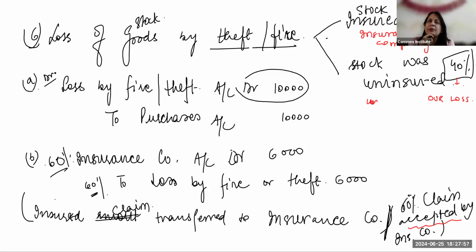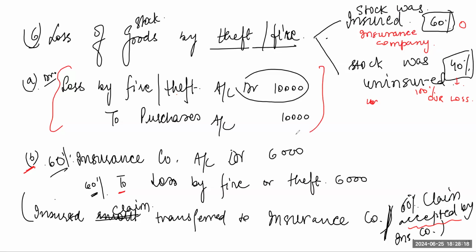That the insurance company didn't pay anything. Sometimes they don't approve your claim or something like that, right? So if they don't pay us, then the whole loss will be ours only. Okay, then we won't be able to transfer any. See, if this is 0, then 100% would be our loss. Then we won't be able to pass this B entry. Then only first entry will be passing. Okay, right?